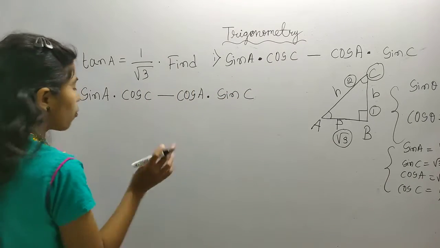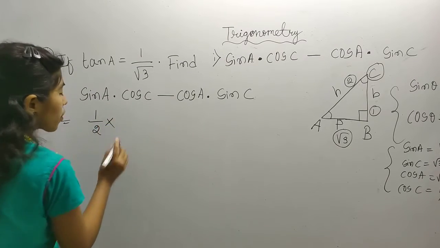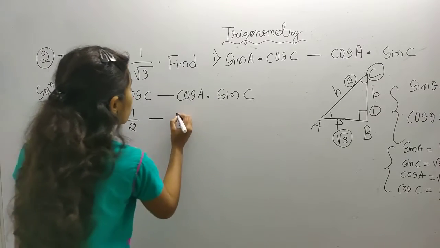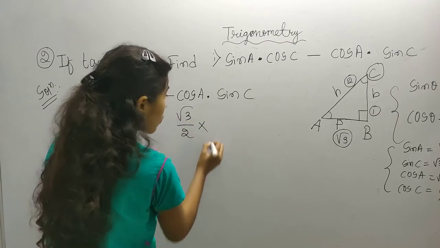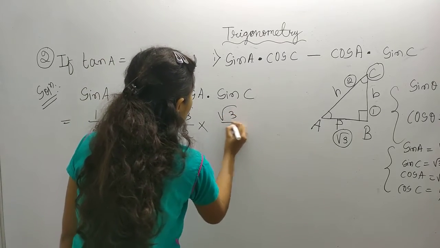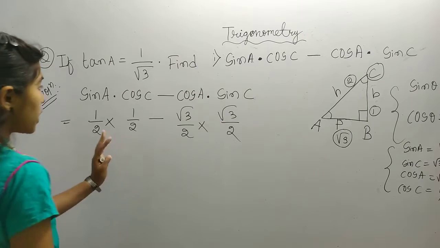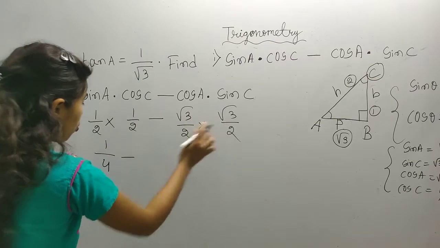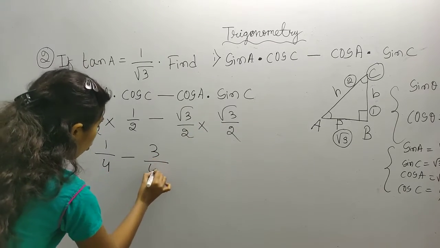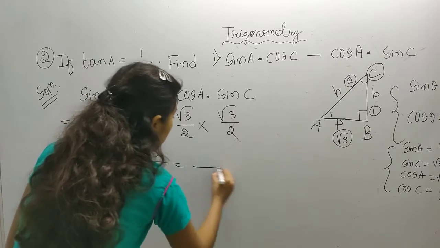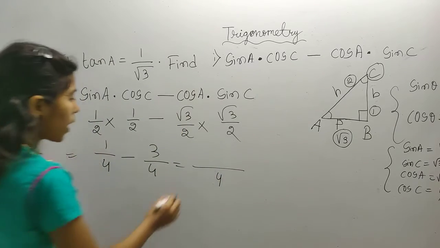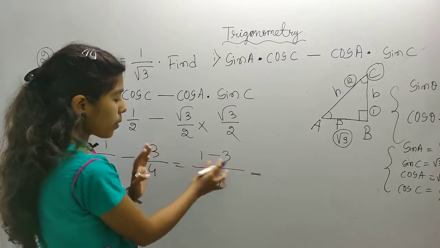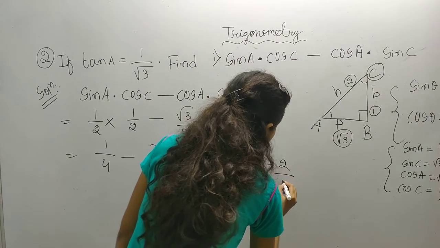So sin A is 1 by 2 into cos C is 1 by 2, minus cos A is root 3 by 2 into sin C is root 3 by 2. So let's see why I erased this question. 1 into 1, 1 by 2 into 2, 4, minus root 3 into root 3, 3 by 2 into 2, 4. Here no doubt the LCM will be 4. But here you see 1 minus 3. 1 minus 3 is how much? Minus 2. Minus 2 by 4.